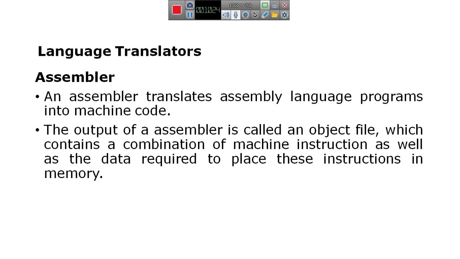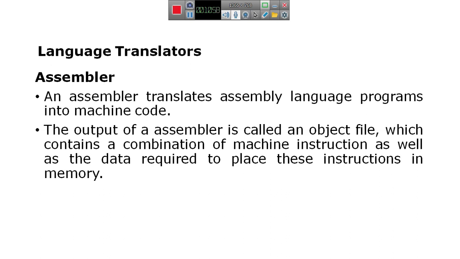And machine language is the computer understandable language. It can be directly understood by the machine. It is in the form of zeros and ones. But here the problem is that it is very difficult for a programmer or user to learn the code of machine language and write instructions in it.